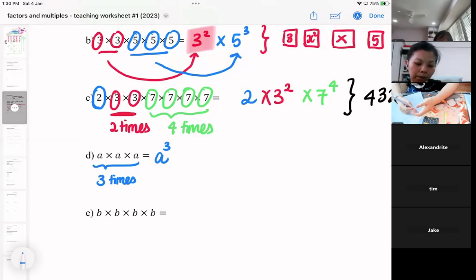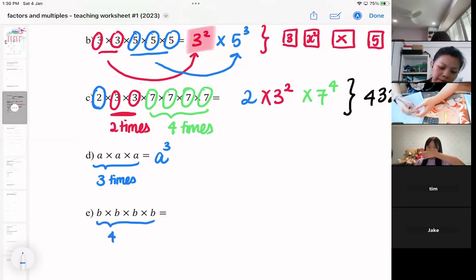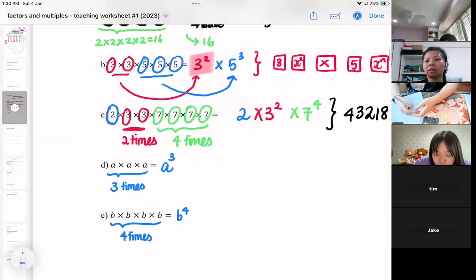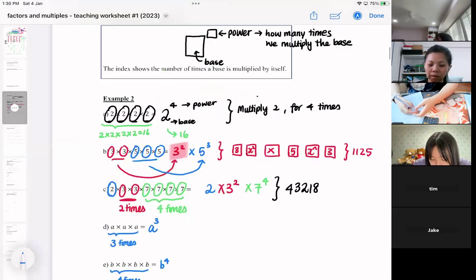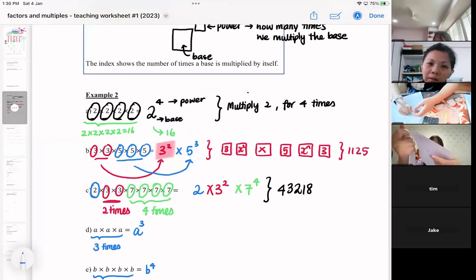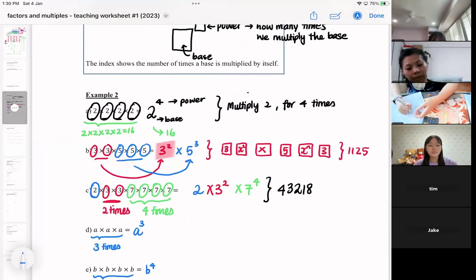So A power 3 means you multiply A 3 times, and this one is 4 times, so it's B to the power of 4. This one cannot be punched into the calculator. This is the algebra sense, the index notation that is in algebra. You will come to this part subsequently when you hit algebra, but not now.